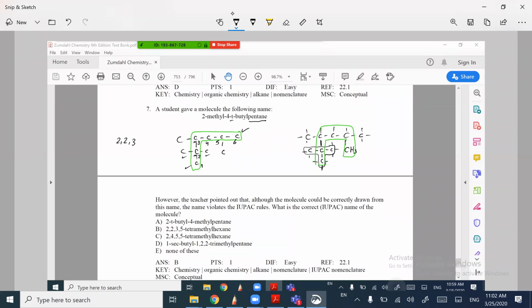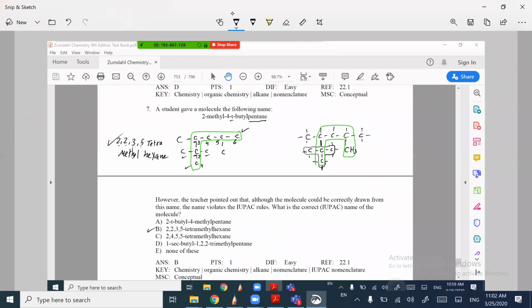And carbon atom number 5, so we get 2, 2, 3, 5. Tetra what? Tetramethyl hexane. This is the correct name for this compound, letter B: 2, 2, 3, 5-tetramethylhexane.